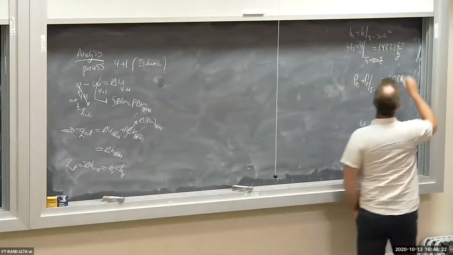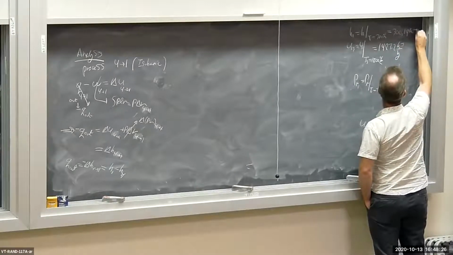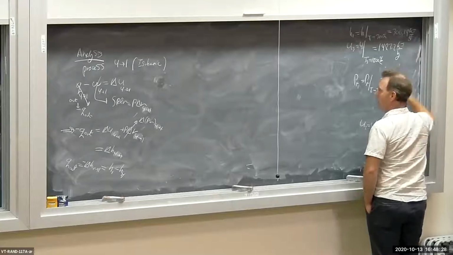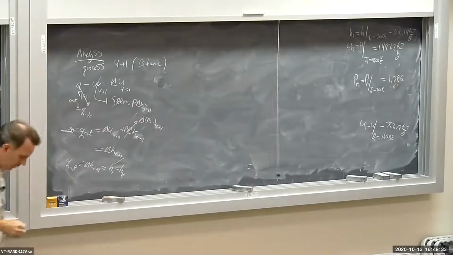So H1 is 300.19 kilojoules per kilogram. Okay, so I have H1 now. Halfway to getting Q out.